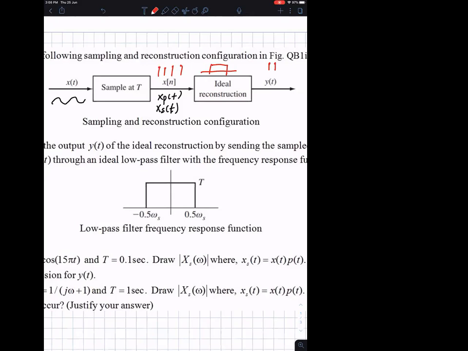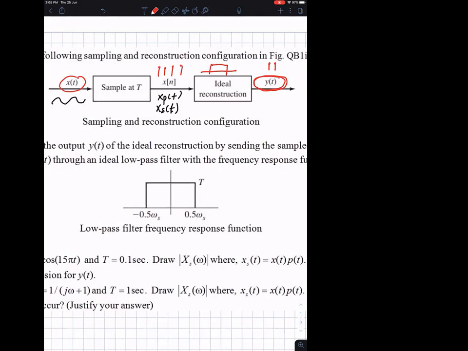If you are able to recover your input, if the input and the output are the same, then you have done a successful sampling and reconstruction.